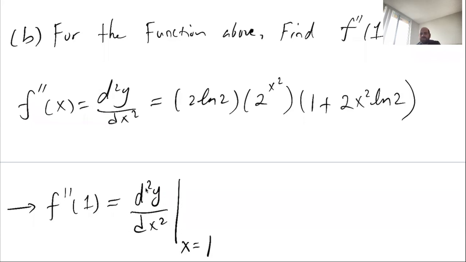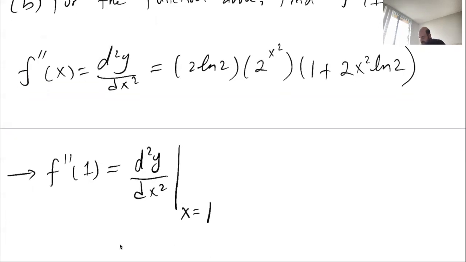This one also means d squared y over dx squared as a function evaluated at x equals 1, and these two are the same concept. They represent the same quantity: f double prime of x evaluated at x equals 1.